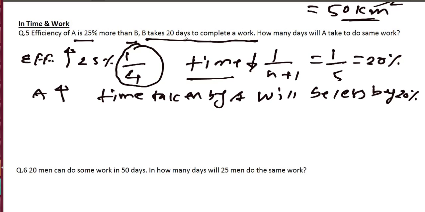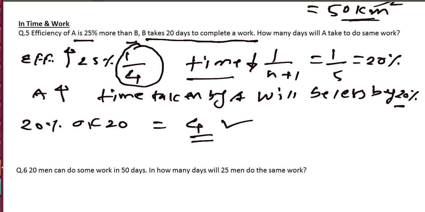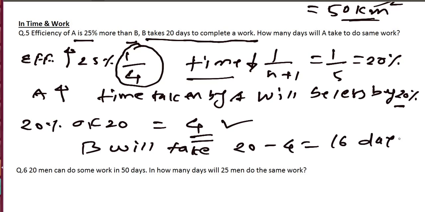So A will take 20% less than the days taken by B. 20% of 20 is equal to 4. So A will take 4 days less than B, that is 20 minus 4 is equal to 16 days.